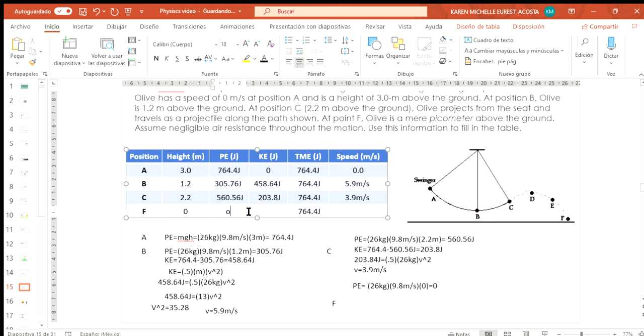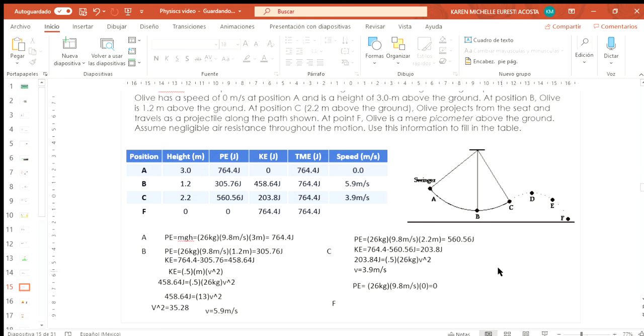Since here is 0, here will be the 764.4 joules.